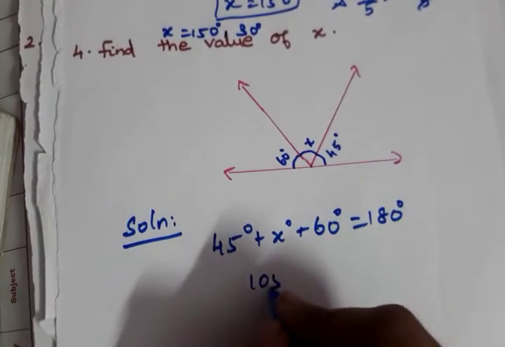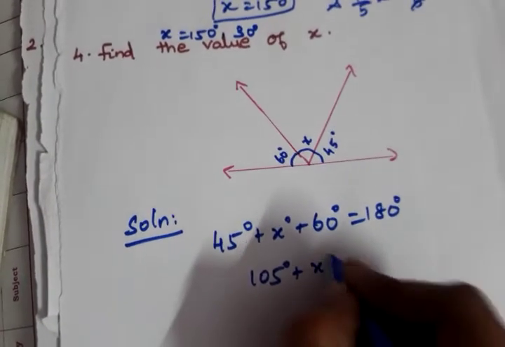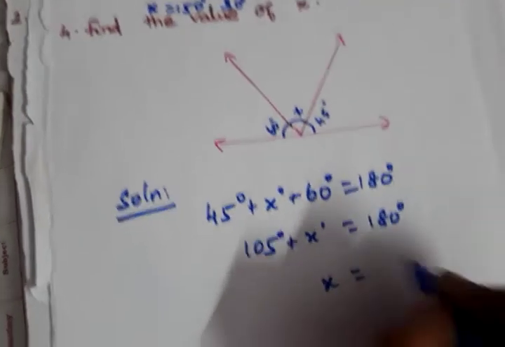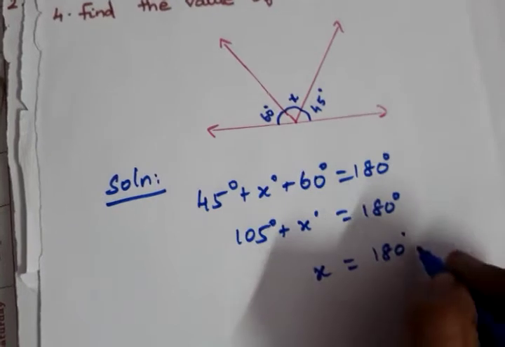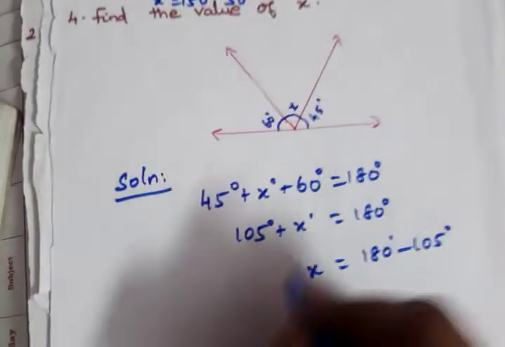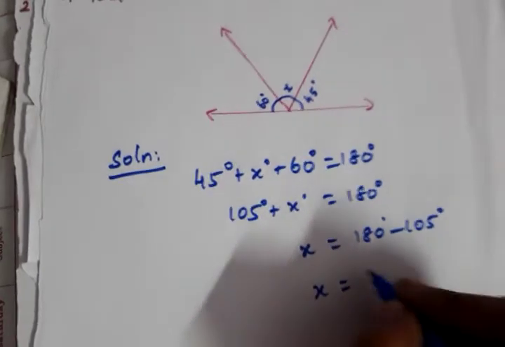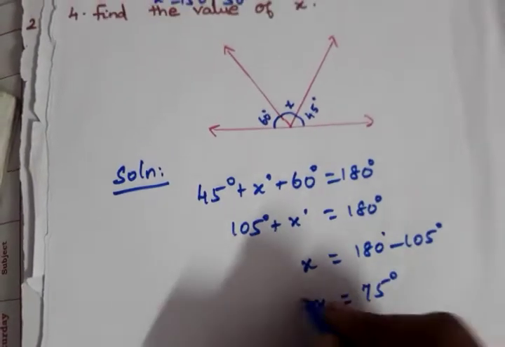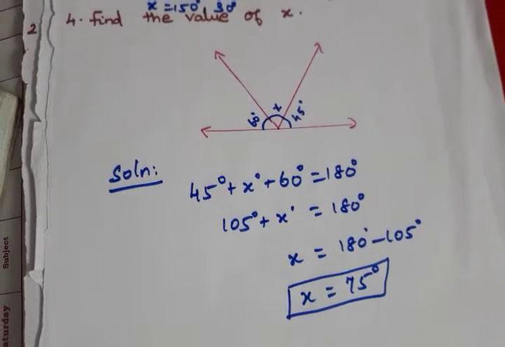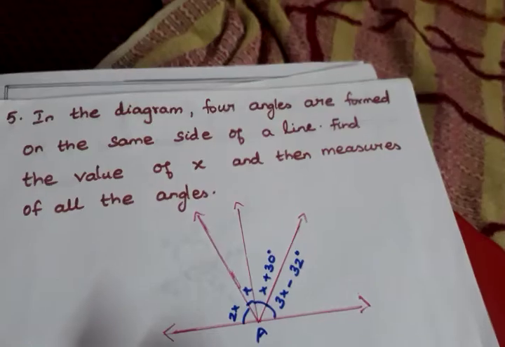So 105 degree plus x degree equal to 180 degree. So x equal to 180 degree minus 105 degree. So subtract, x equal to 75 degree. Okay, we got the value 75 degree.